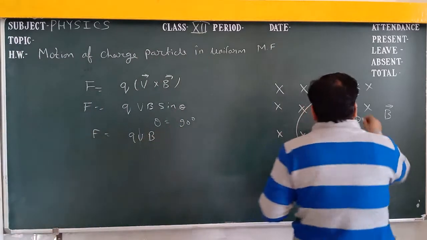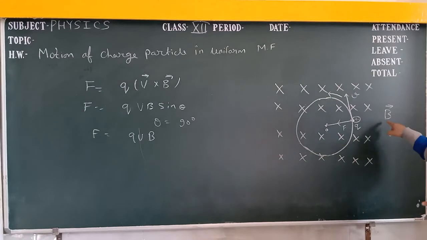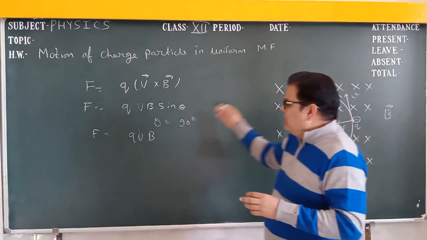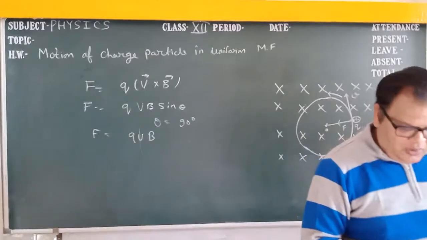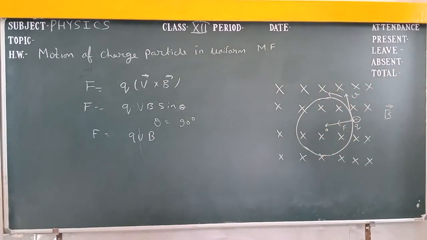Student, V is always perpendicular to B, so we consider theta equal to 90 degrees. Just look at the diagram: F equal to QVB.